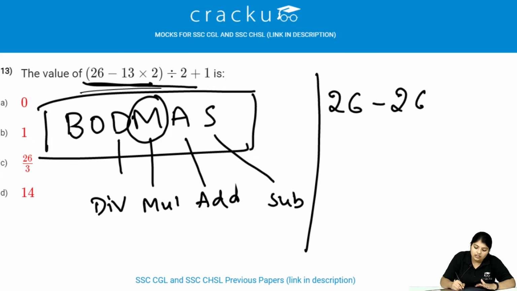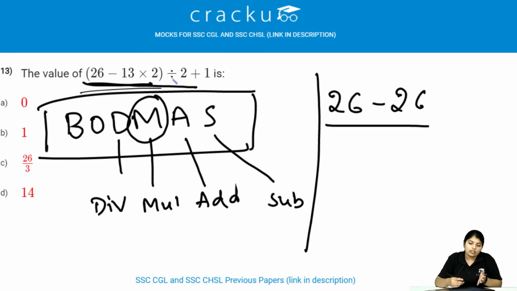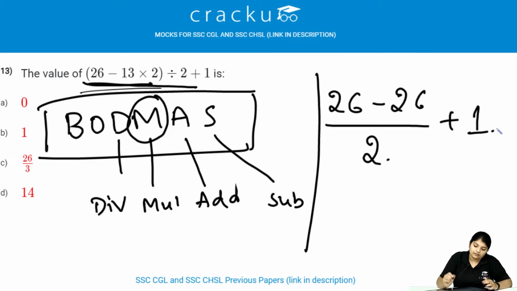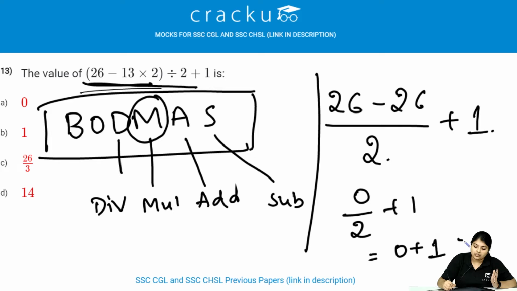Now next it is division, 2 plus 1, which we are extracting from this given question. So 26 minus 26 is 0. 0 by 2 plus 1. 0 by anything is 0. So 0 plus 1, the answer is 1. Therefore, the answer is option B.